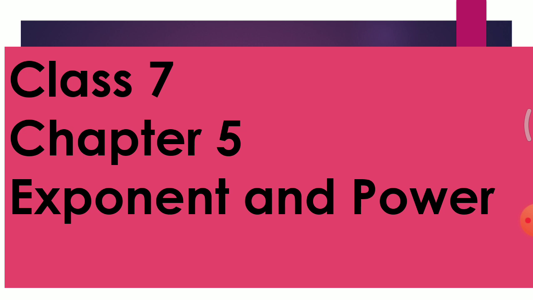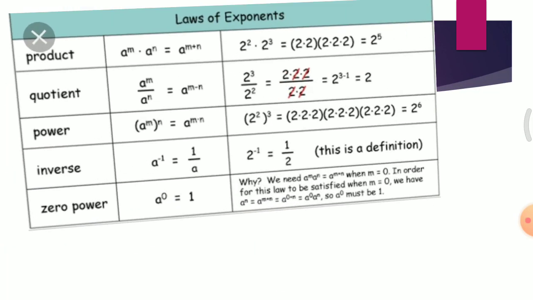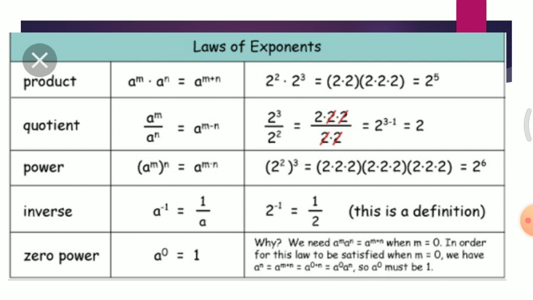I already told you how you will solve any exponential questions, but today I will tell you again. Okay, all of you be ready. See here, the laws of exponents in the product form.